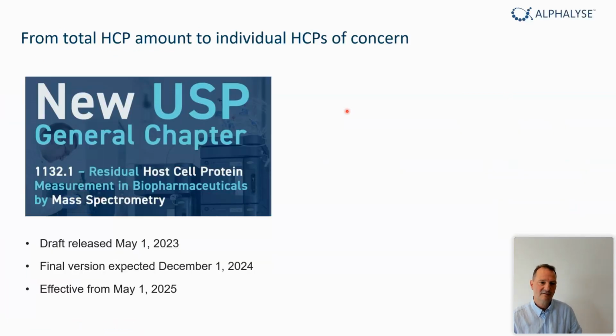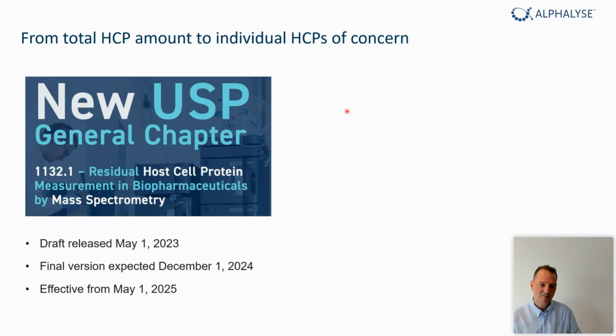The first and most important event is a new USP general chapter named 1132.1 on measurement of residual host cell proteins in biopharmaceuticals using mass spectrometry. This chapter is in addition to 1132, which describes the use of ELISA and ELISA reagents for whole cell protein analysis.